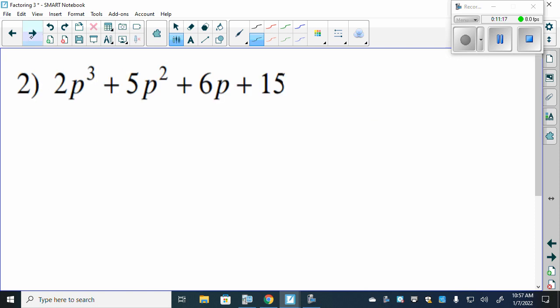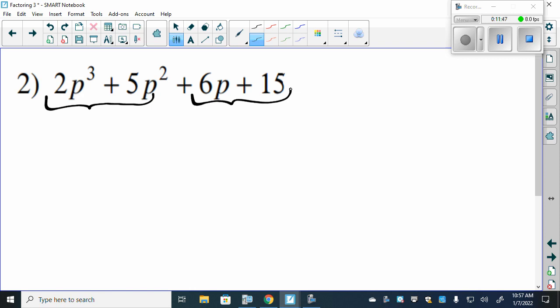All right. The last thing we're going to look at is factoring by grouping, or greatest common factor twice. And whenever we factor by grouping, we need to do it with an even number of terms. And we're going to group them together. So here we have 4 terms, so we'll group them in pairs. So what we can do is group the first 2 and the second 2 together.